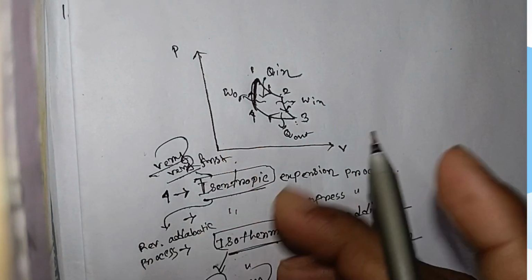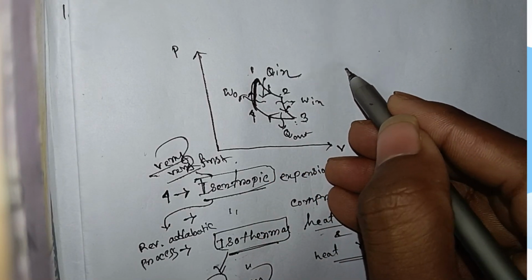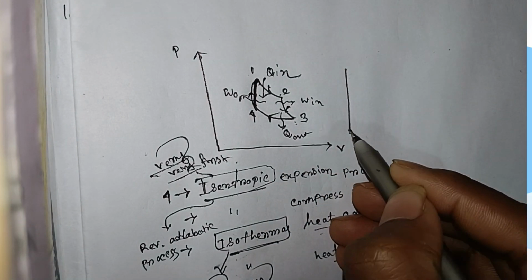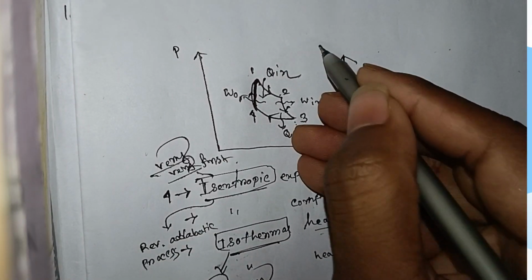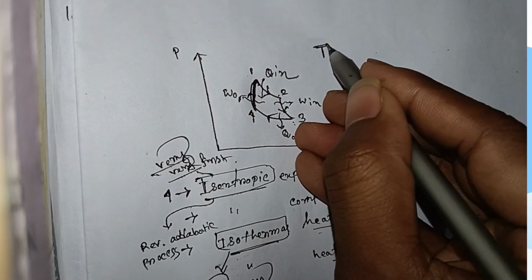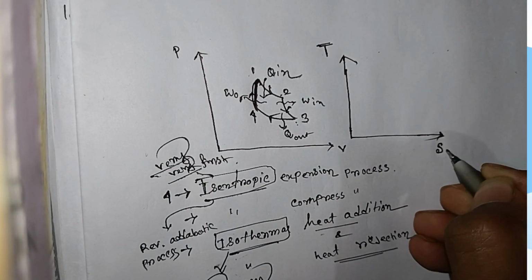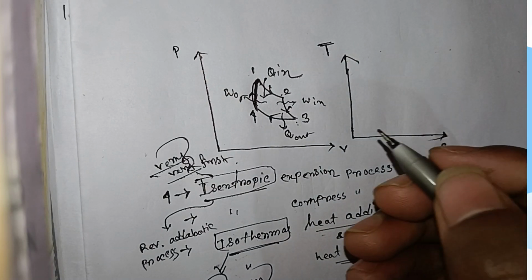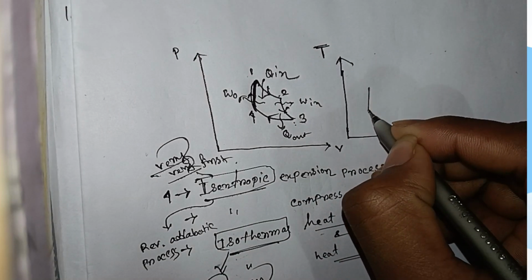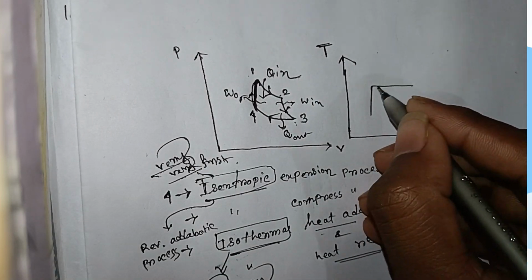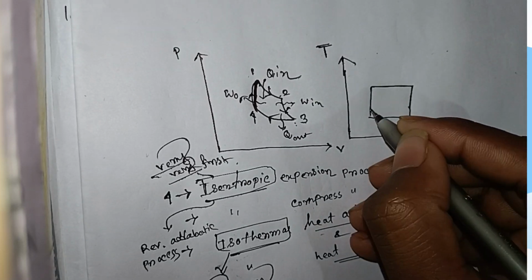Okay, this is the PV diagram. I show you the TS diagram. On the vertical axis is temperature, and the horizontal axis is entropy, which is symbol S. Okay, so the process is isentropic, meaning entropy is constant.